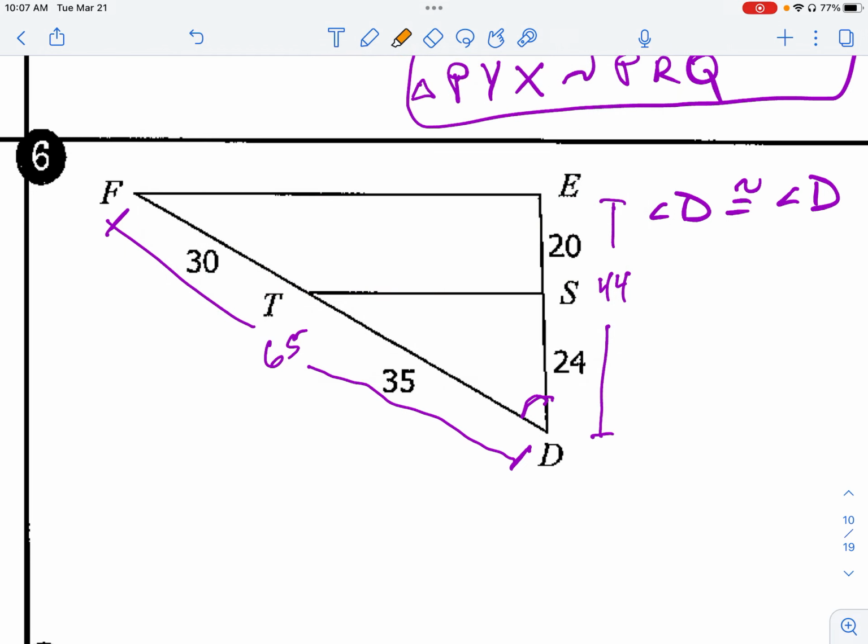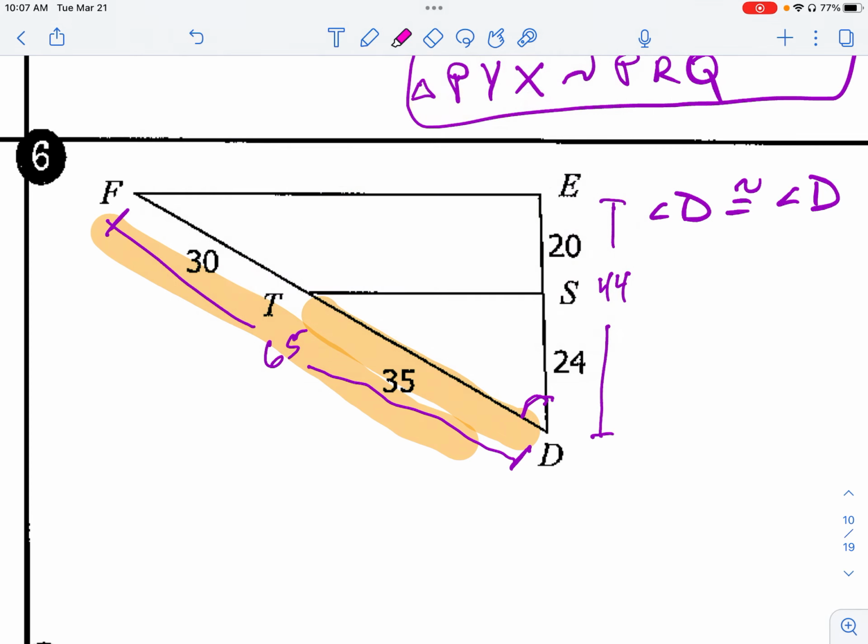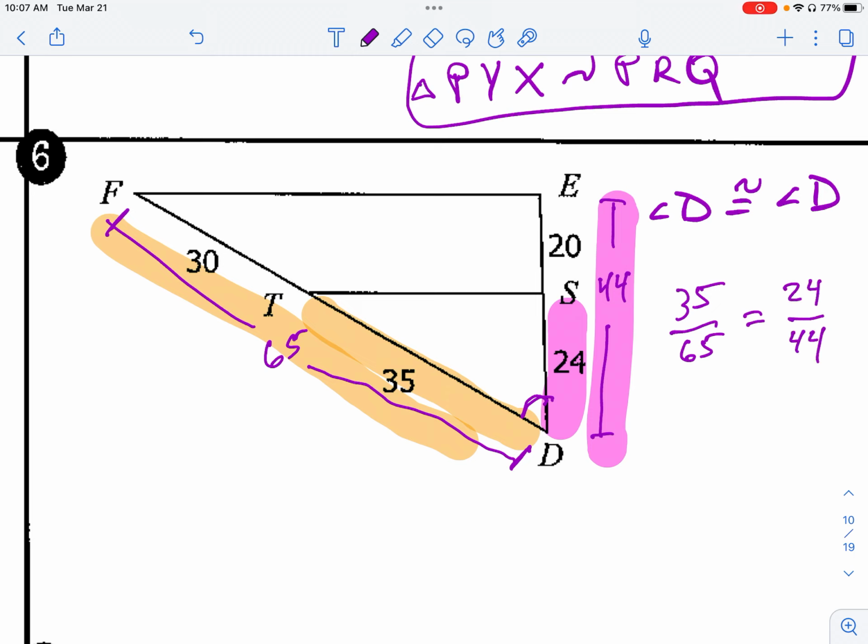And so 35 is the long side here, and 65 is the long side there. And then we left with 24 and 44. Let's line these up. So 35 over 65 equals 24 over 44. Well, let's see.